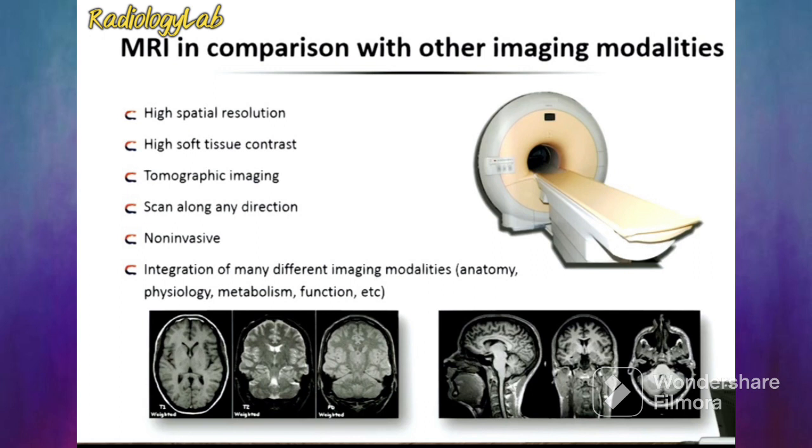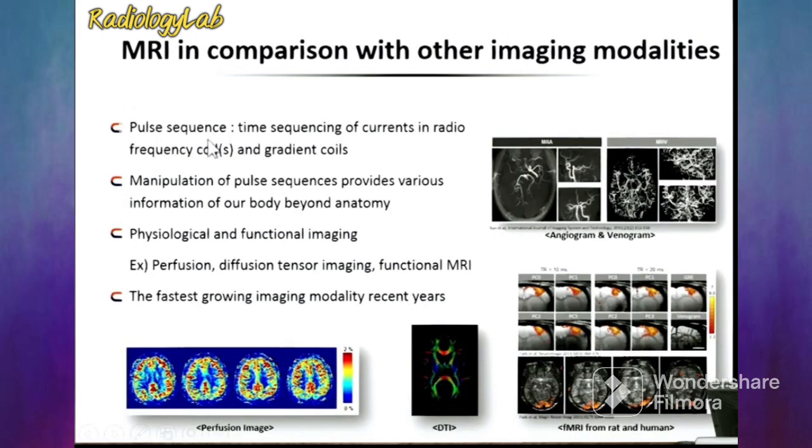And MRI is completely non-invasive, and it is also a kind of integration of many different imaging modalities like anatomy, physiology, metabolism, and function. So this information can be acquired all within a single imaging modality. That is a unique and great advantage of MRI.